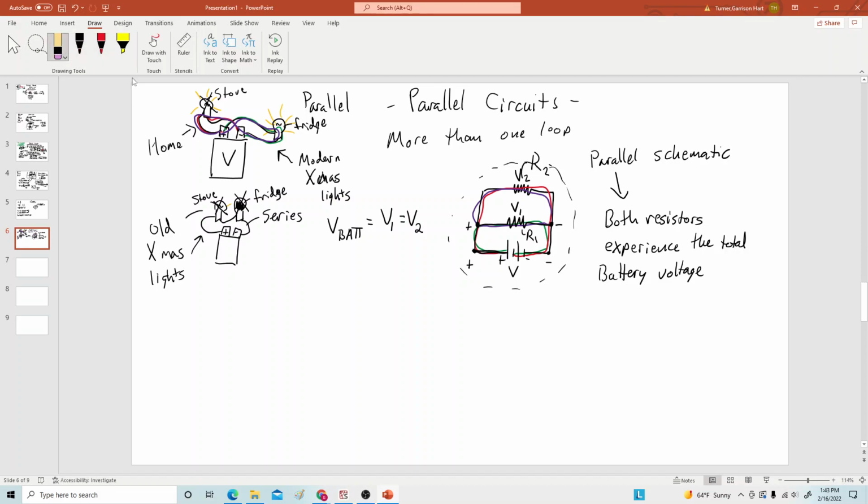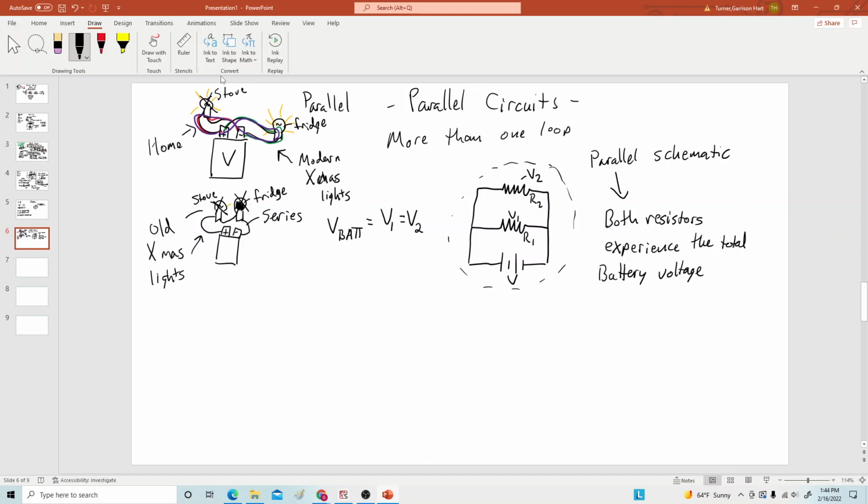But what is not the same, and let me actually redraw this at this point because it got fairly busy fairly quickly. When I have the battery, once again, all the battery knows is that there is a total resistance out there in space that it experiences.